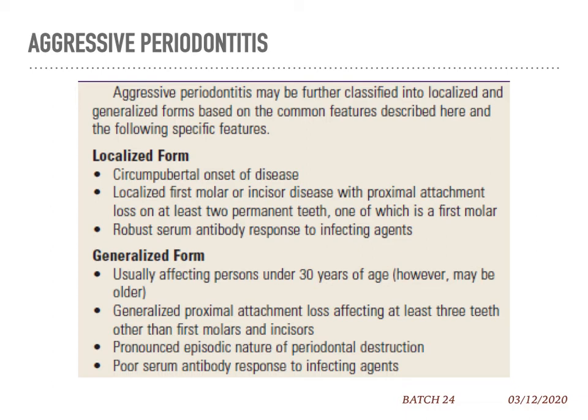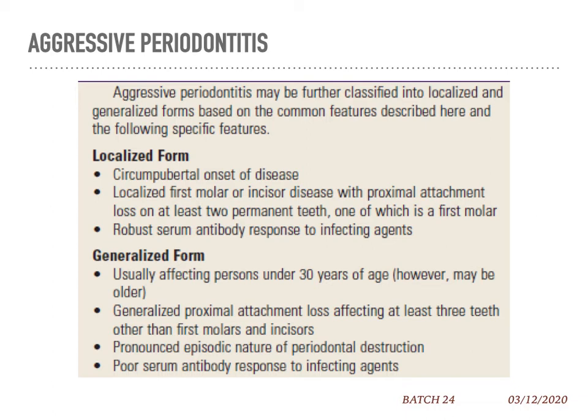Generalized aggressive periodontitis usually affects persons under the age of 30 years. There is generalized proximal attachment loss affecting at least 3 permanent teeth other than first molar and incisor. Again, the count is different. It may be only 4 teeth where it can be classified as generalized, and a maximum of all 32 teeth.